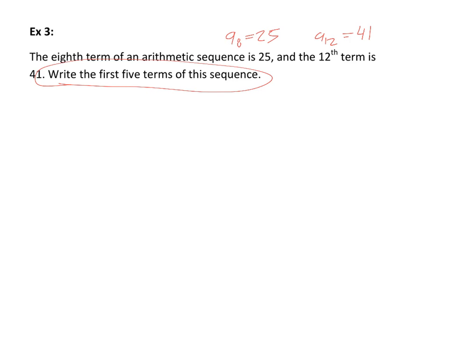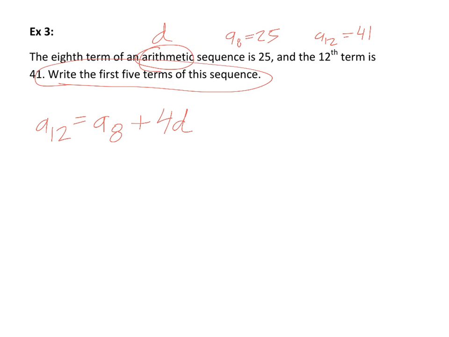Since it's an arithmetic sequence, there's a common difference. If I have my 8th term and I want to get to my 12th term, I would have to add on the difference 4 times, because 4 plus 8 is 12.